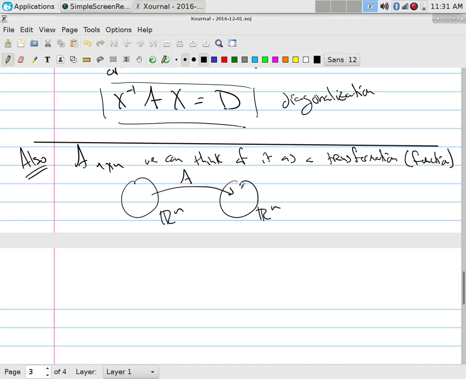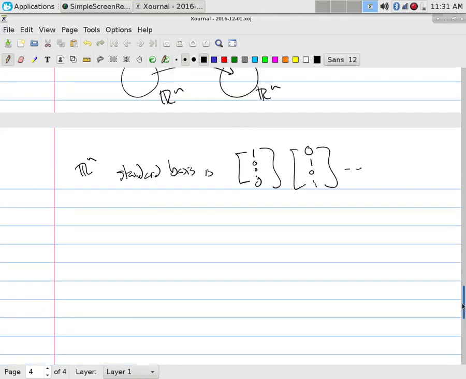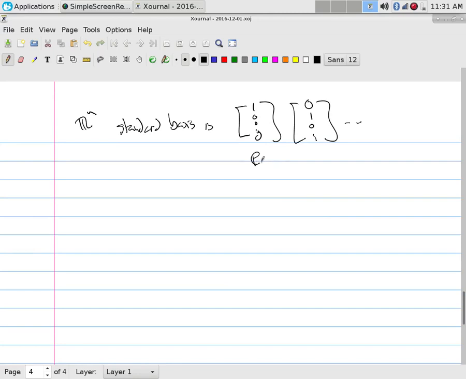Okay. What's the standard basis of Rn? It is 1, 0, 0, 0, and then 0, 1, 0. How do we normally write that? e1, e2, up to en.